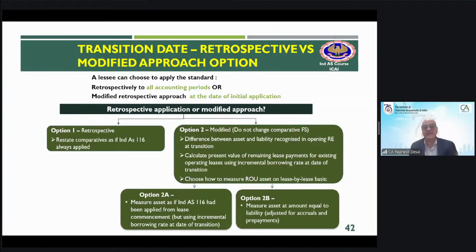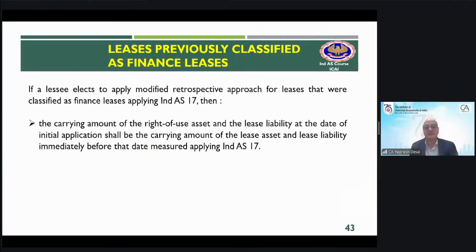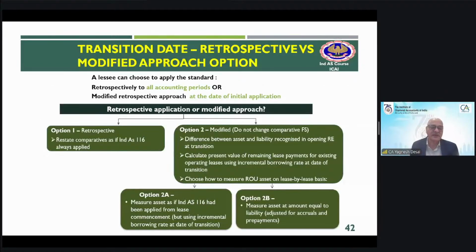And the second is the transition, the lease treatment at the time of adopting it for the first time. It is known as the initial application. Either you apply it fully retrospectively or modified. In that case, you change the comparatives right from the date of transition, and obviously the current year.